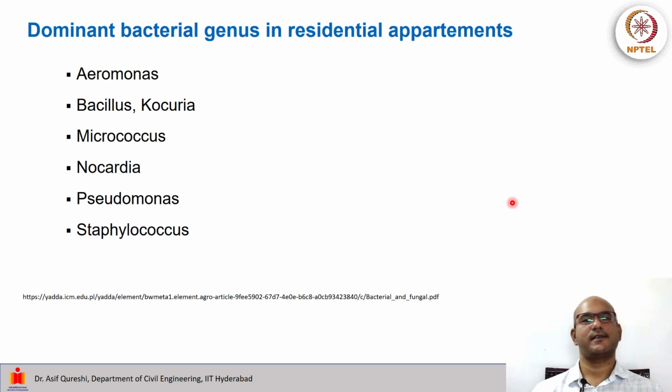So in hospitals, we may be having microbes in the surgery ward, which may be due to the activities of the surgery itself. Then we have the residential apartments, where the dominant bacteria could be Aeromonas, Bacillus, Micrococcus, Nocardia, Pseudomonas, Staphylococcus.